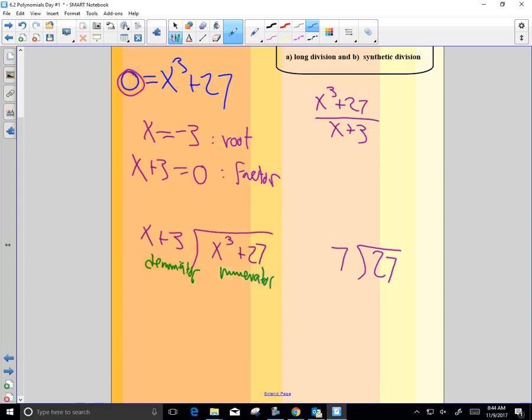7 times what is 27 without going over? Can you get a 4 in there? No, but you can get a 3 in there. 7 times 3 is 21, right? What am I going to do with 27 and 21? Subtract it.